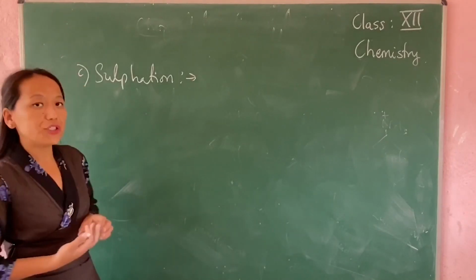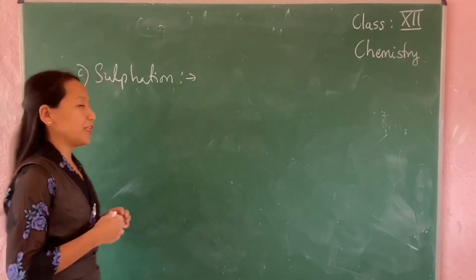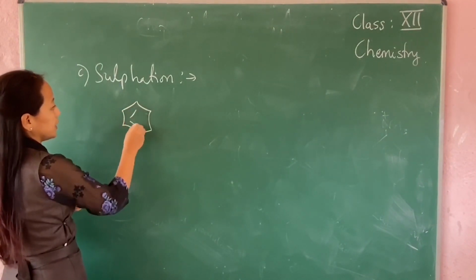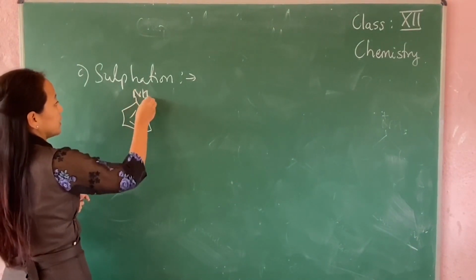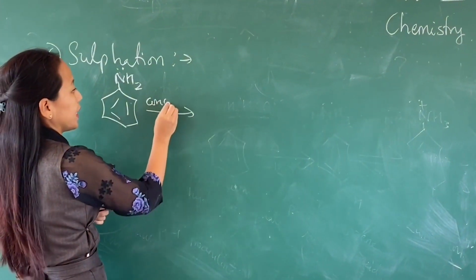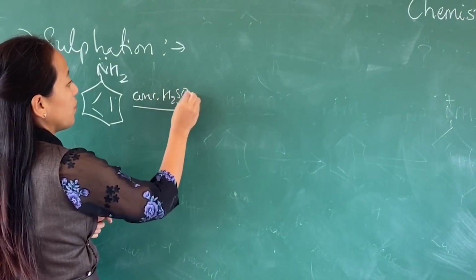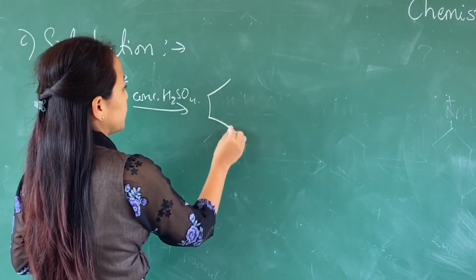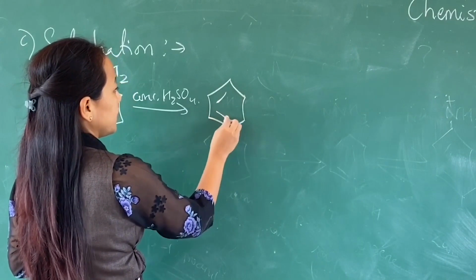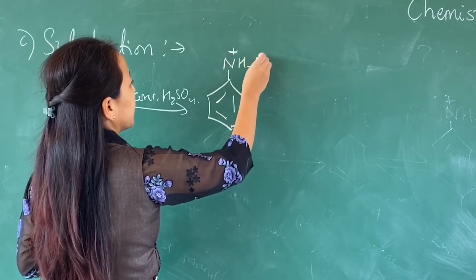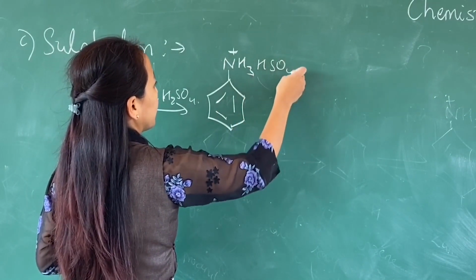And after nitration, it is sulfonation under electrophilic substitution reaction. Now in this case, you are going to treat aniline with the sulfonating reagent, which is concentrated sulfuric acid, H2SO4. Now what happens is, this gets converted to anilinium hydrogen sulfate, NH3+ HSO4-.